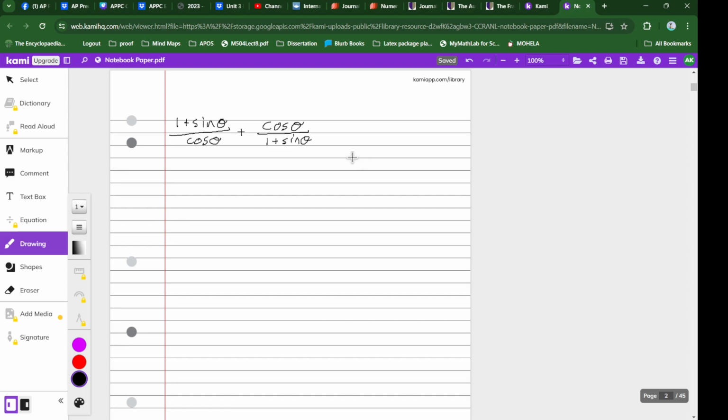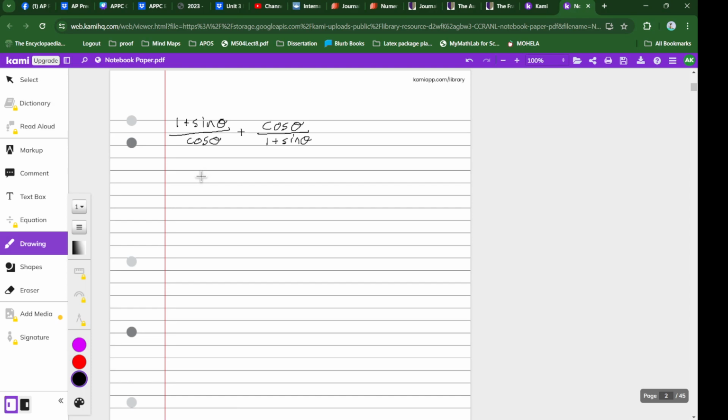So the thing that's going on here is I have two fractions, and whenever I have two fractions that I'm adding together, if I can find a common denominator, I can write them as a single fraction. So my common denominator in this case is going to be cosine times 1 plus sine theta.